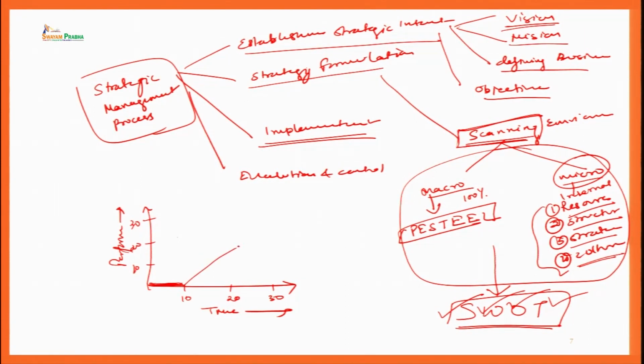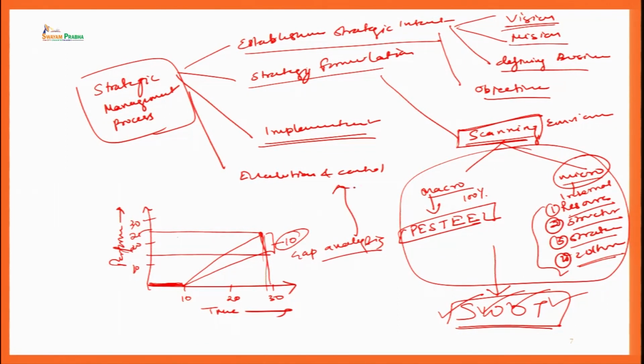And they have set the target for you of 30. After 30 days, they are expecting you to produce at least 25 products, and you are not able to do it, you are just able to attain 15 products. There is a gap of 10, and gap analysis is important to control the deviation.